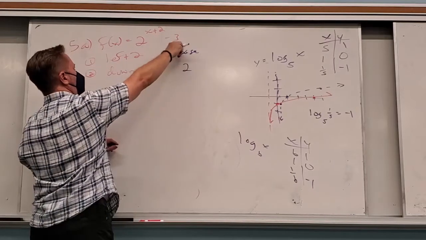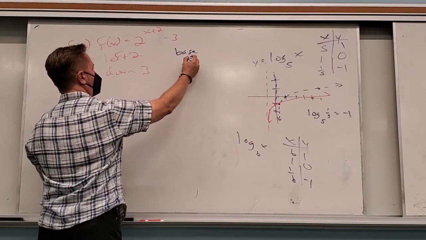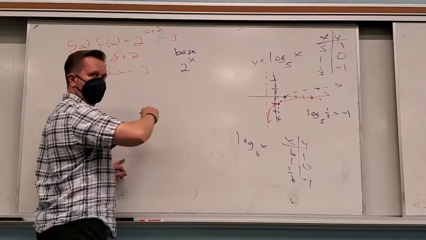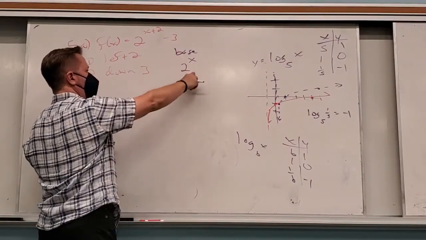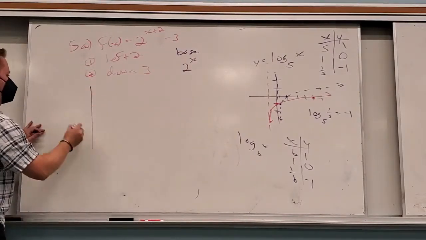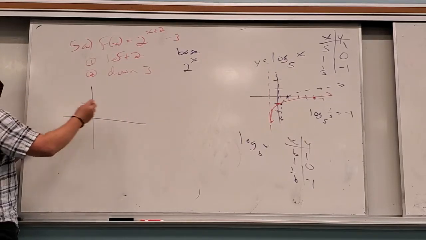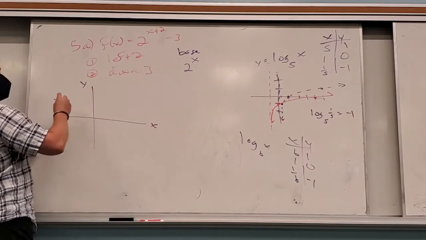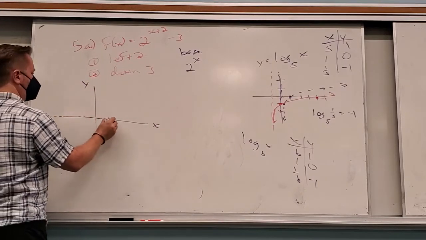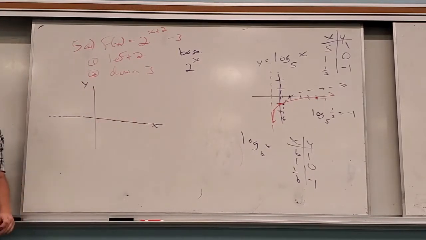If I take out those, what do I get? 2 to the x. I take that plus 2 away, then minus 3 away, I get this. So what does my base function look like? It's going to have an asymptote where? At y equals 0, the x-axis.